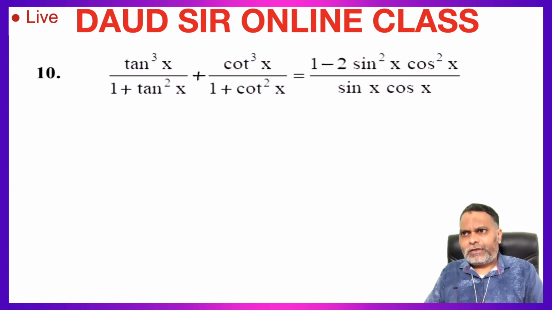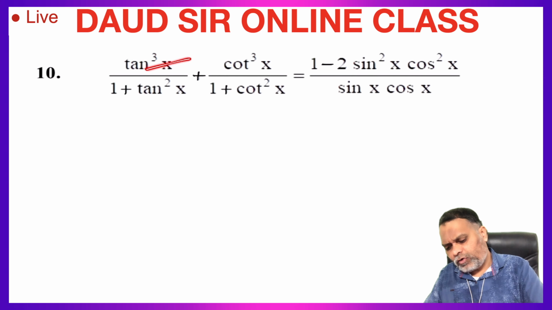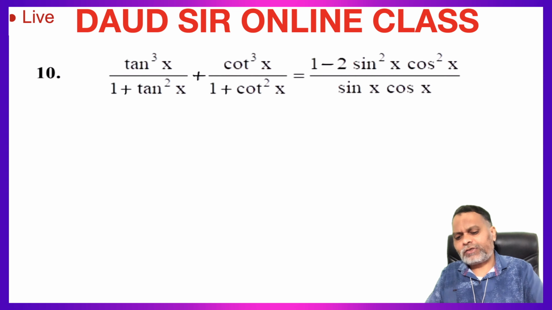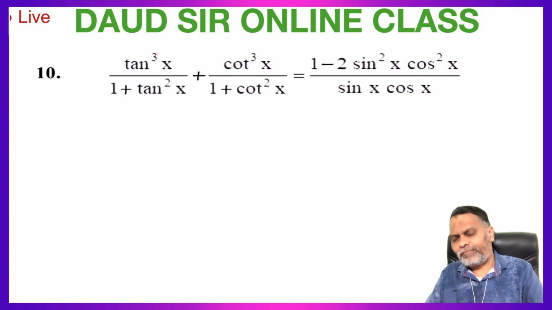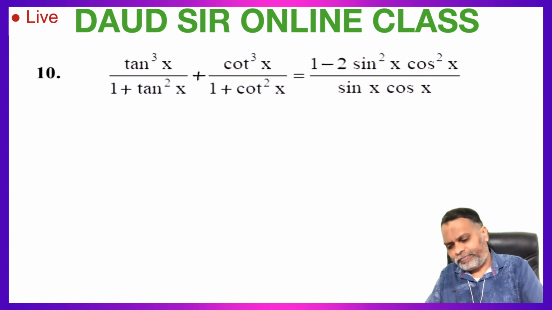Question number 10. tan cube x upon 1 plus tan square x plus cot cube x upon 1 plus cot square x is equal to 1 minus 2 sin square x cos square x upon sin x cos x. So for proving this, the right side is looking a little bit lengthy with power cube here, so we can take the left hand side.